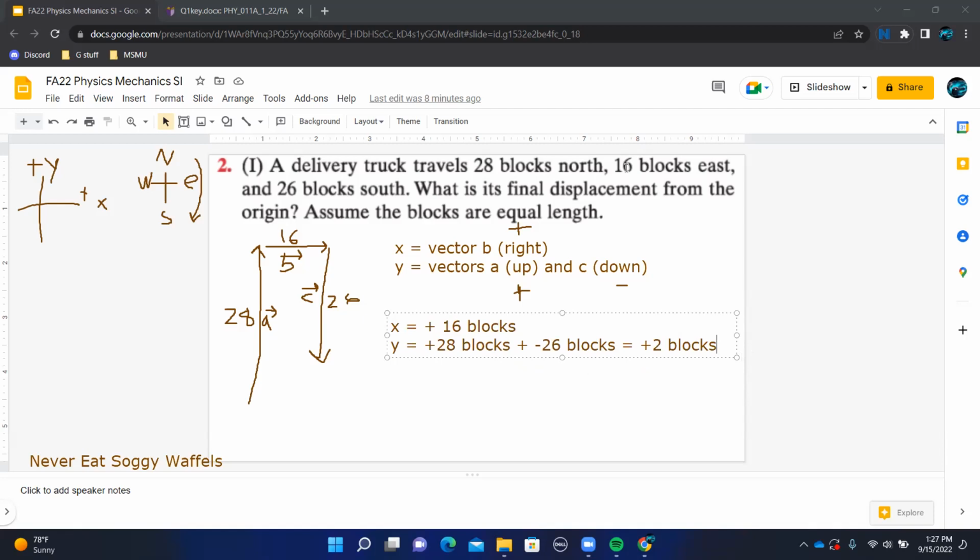So then we can draw our vector, right? We know it's positive 2 blocks. That's 2 blocks. Sorry, wrong way. We can go positive 16 blocks in that direction.